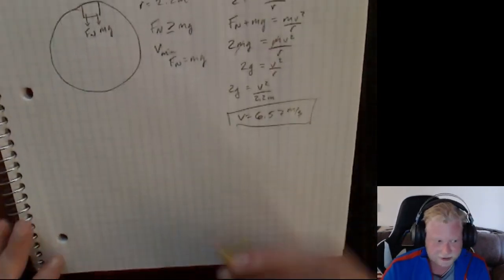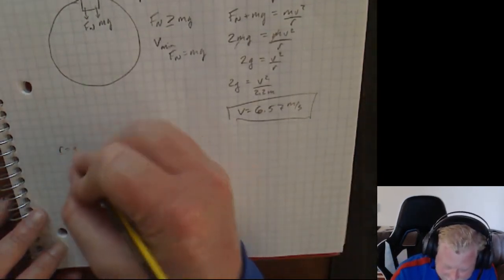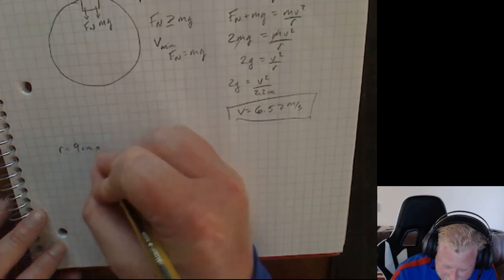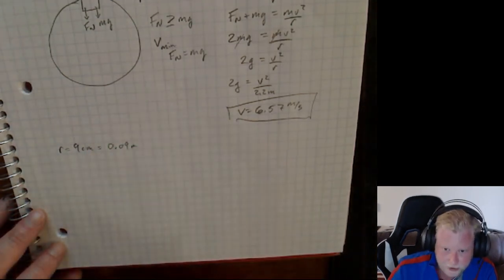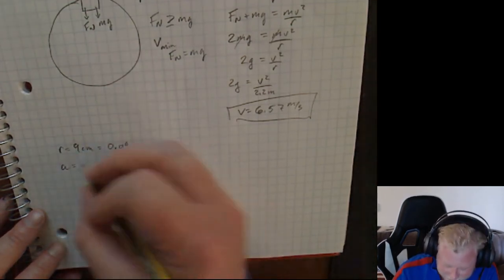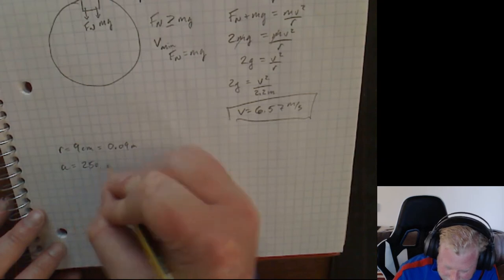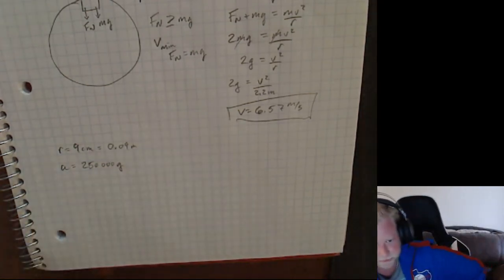Alright, so let's start just by setting this up. So the diameter is 18 centimeters, so radius is 9 centimeters, right, or 0.09 meters. We know the acceleration is 250,000 times acceleration due to gravity.